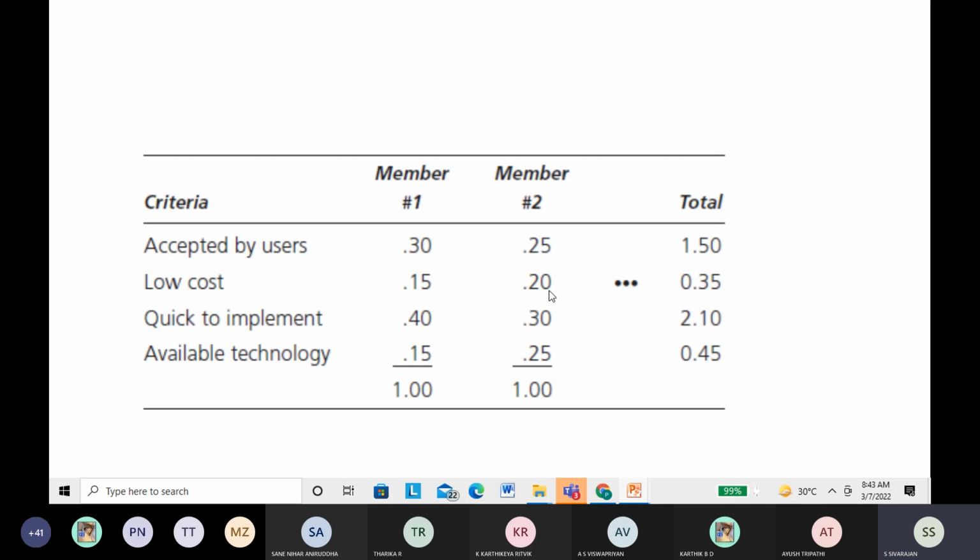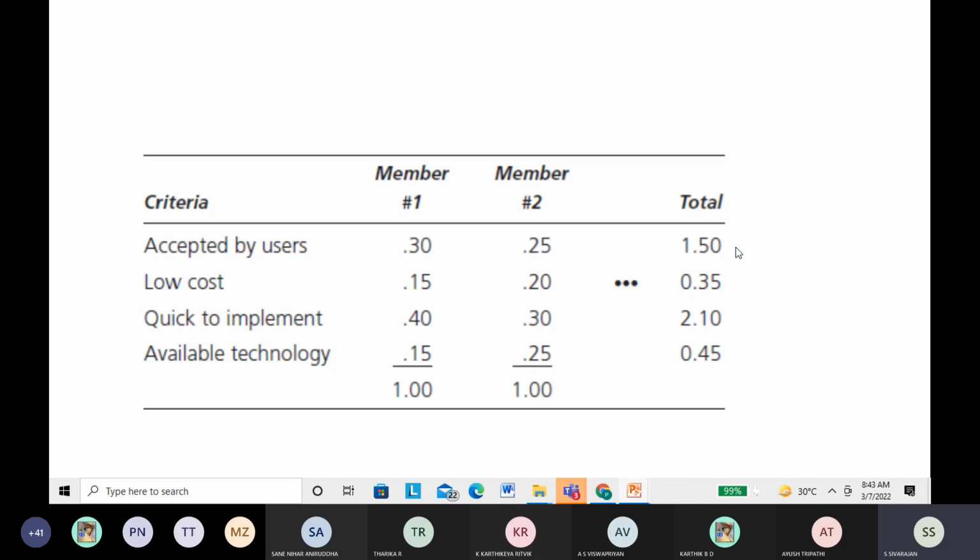Member 2 says low cost is 0.2, 20%, because across all four criteria he has to make it 100%. So the two members evaluate which criteria are important. Accepted by users, one says 30%, the other 25%. Then they take the average and get a weightage like this.